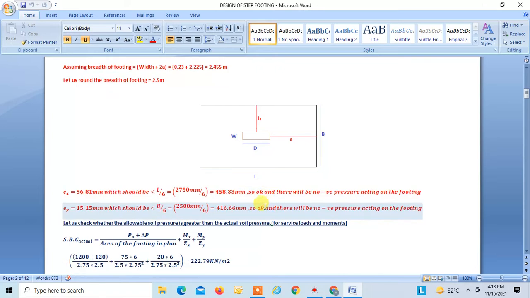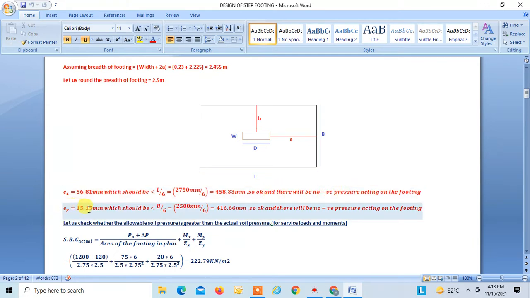Now we will check whether our eccentricity ex is less than L by 6 or not. So ex is 56.81, L by 6 is 458.33. So this is greater than this. So ex is less than L by 6, and therefore there will be no negative pressure acting on the footing.